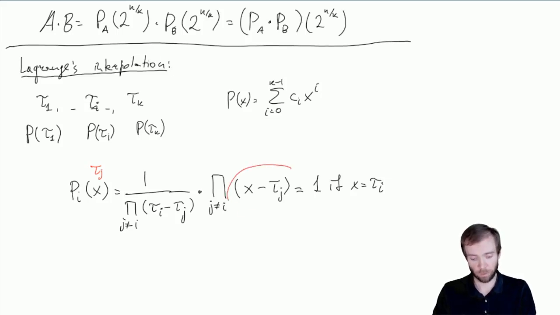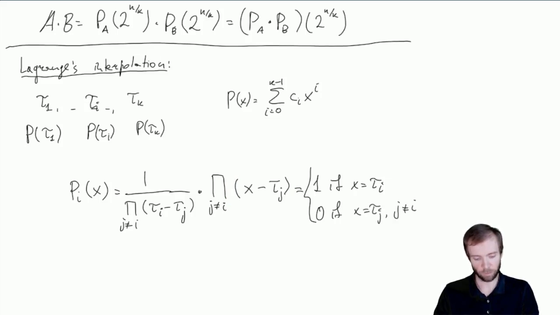Then there will be a term in this product that vanishes on this value of x, and thus this whole thing vanishes. So our polynomial is equal to 0 if x is equal to tau j and j is not equal to i. So this polynomial is in a way responsible for the tau i value and doesn't get in the way when we plug in any other taus.